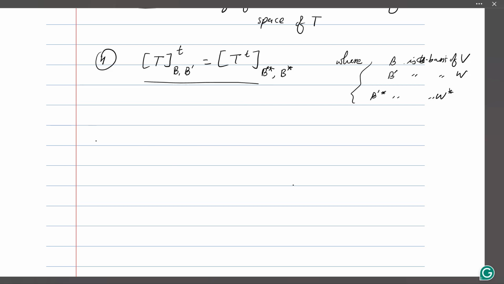Then it was discussed, eigenvalues and eigenvectors.